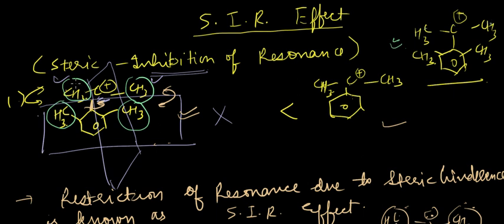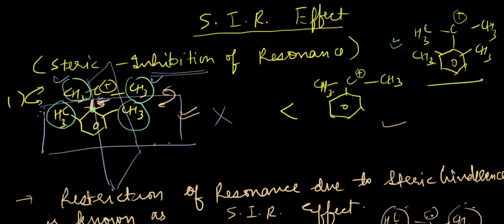Now these two groups, as they are bulky, will have steric repulsion between each other, and this will cause the compound to lose its planarity. What I mean by losing planarity is that to reduce the steric hindrance between these two carbon atoms, the compound twists the bond between the phenyl ring and the carbon atom so as to accommodate more space for each of the groups.